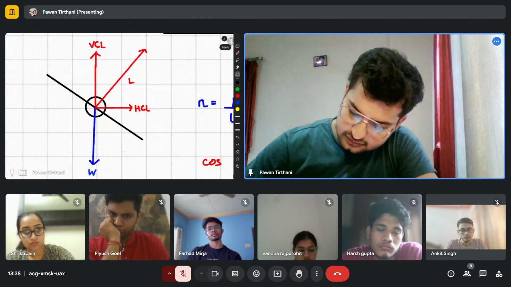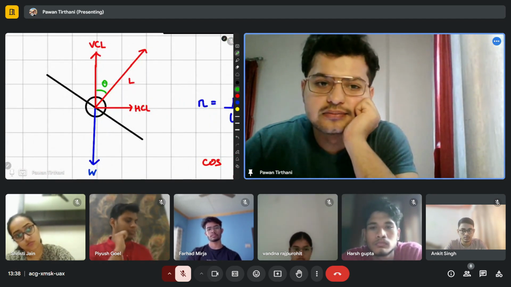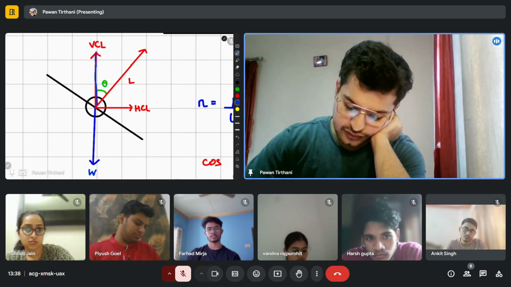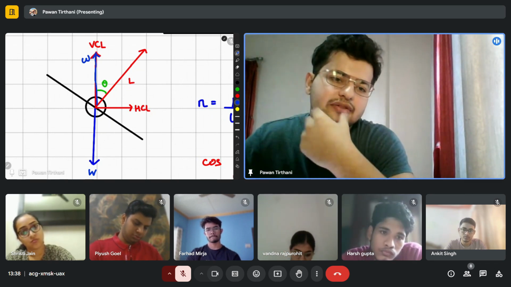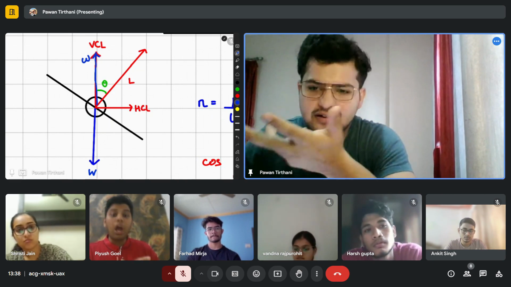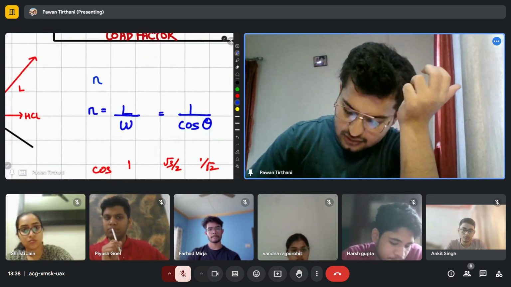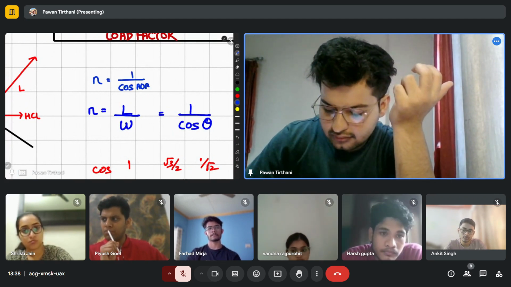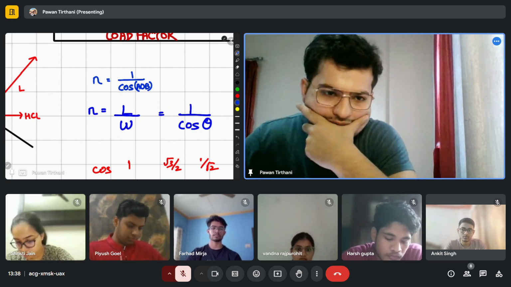Now please have a look. What is this angle? This angle is known as the angle of bank, theta. Agreed? And what is the vertical component of lift equal to? It is equal to the weight, right? What is lift by weight, or weight by lift? It becomes cos theta. Weight by lift is cos theta, so instead of n, I can write 1 by cos of the angle of bank. Do you understand?